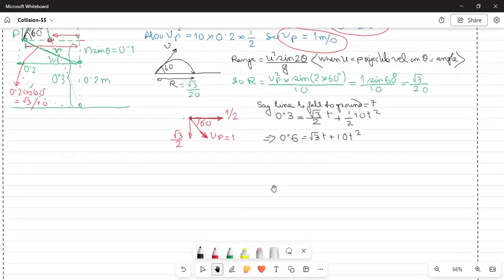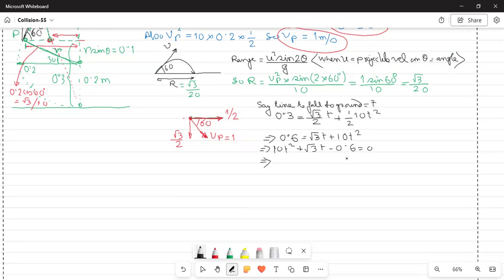Now, that means it is 10 T square plus root 3 T minus 0.6 is equal to 0. If you solve this, I am avoiding that quadratic solution.